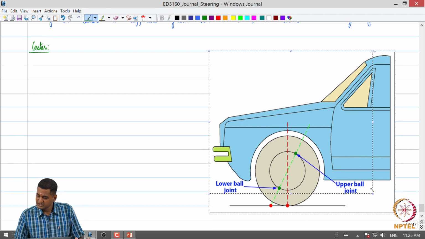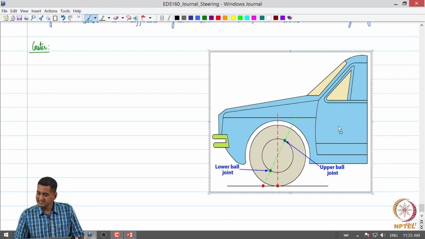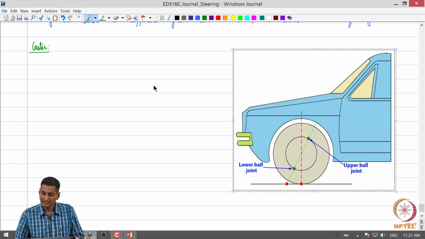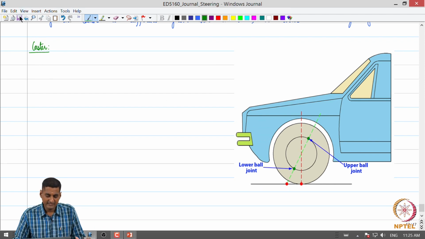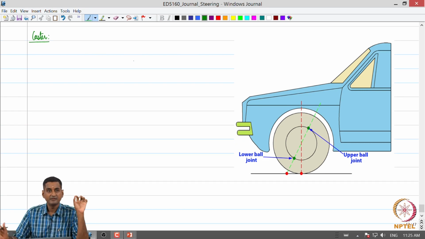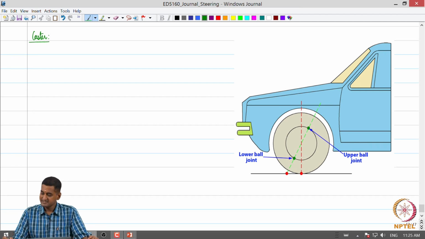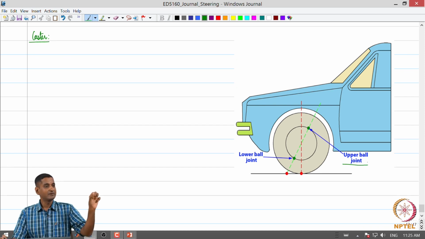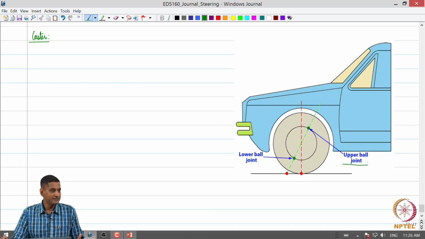As we discussed when looking at steering components and steering systems, the tie rod was fixed at the steering arm, at what is called the ball joint. Let us say this upper ball joint is where typically the tie rod is fixed to the steering arm.